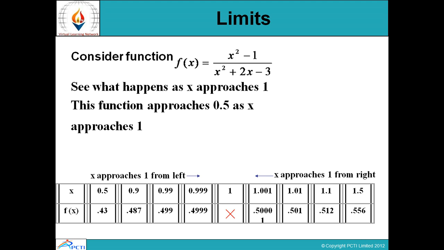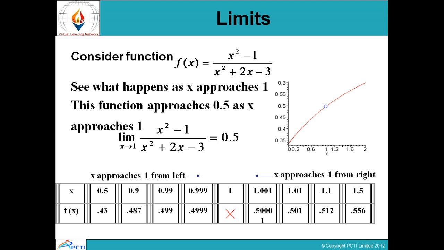The left hand side is known as the left hand side limit, as x approaches 1, and the right hand side is the right hand side limit. So we can also prepare a graph using this. So limit of x square minus 1 upon x square plus 2x minus 3 equals 0.5.